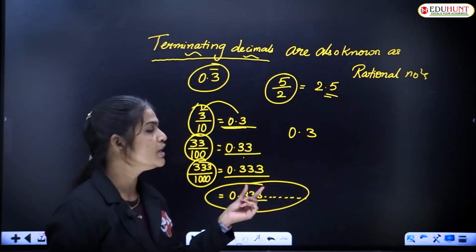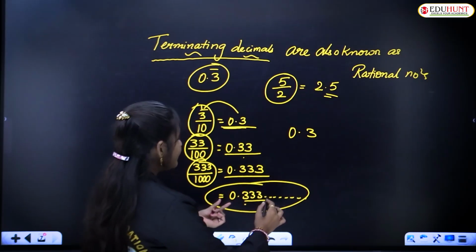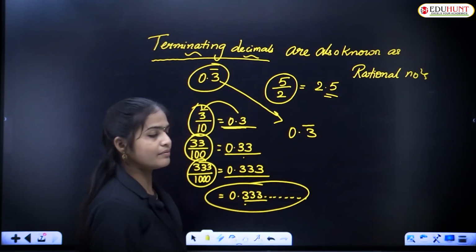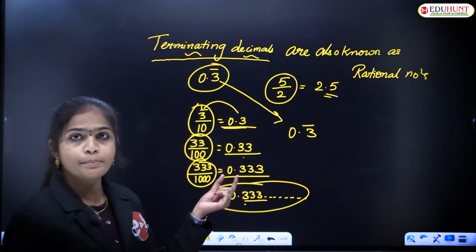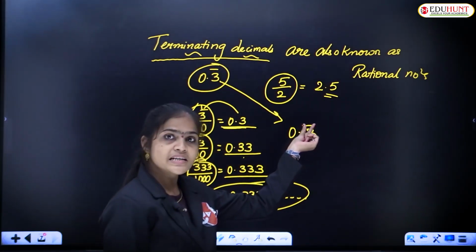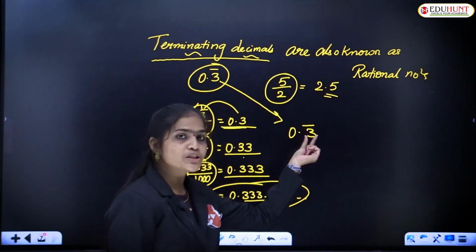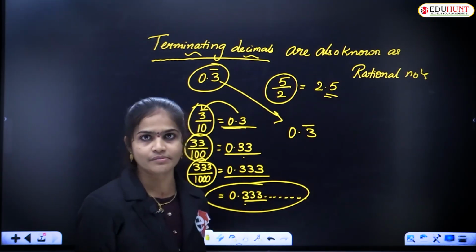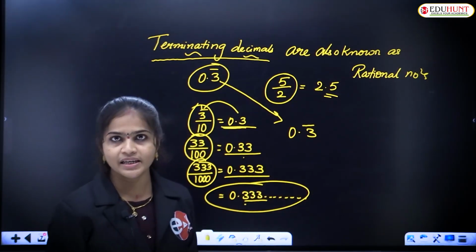So we can write this one as 0.3 bar. The bar represents that the number under the bar is in repetition.